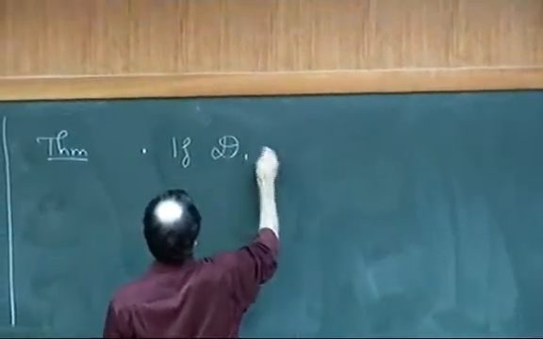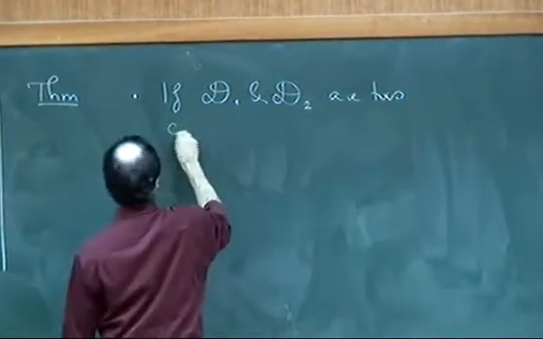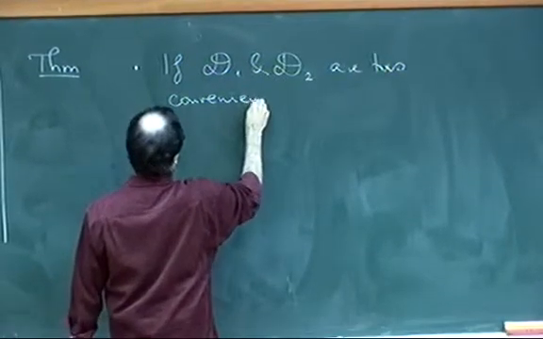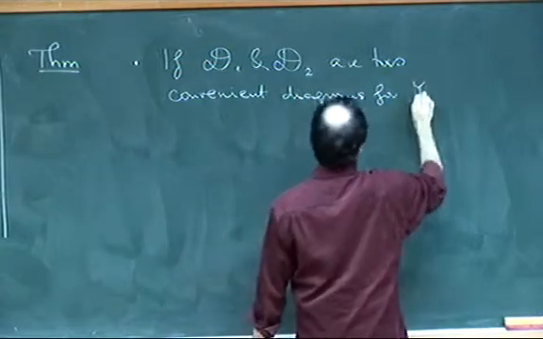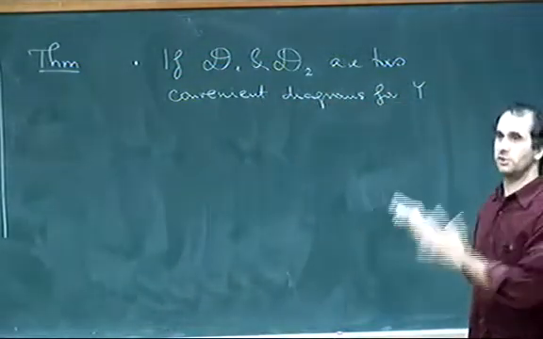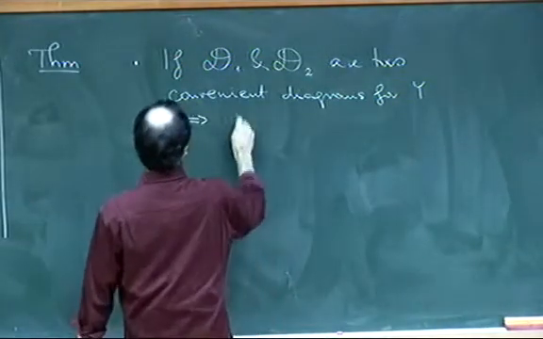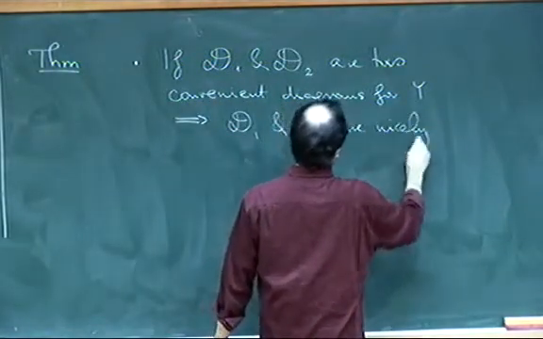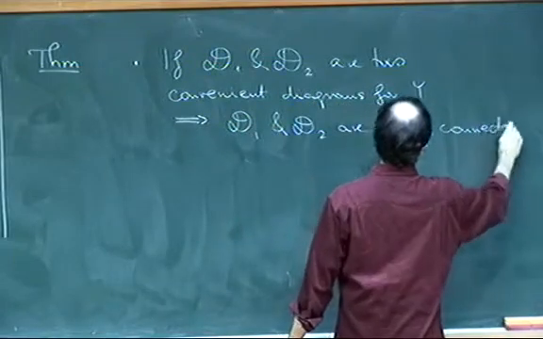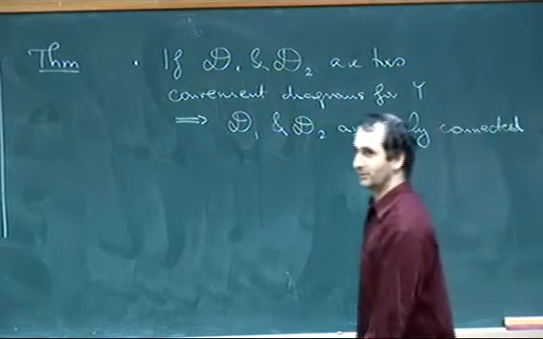So if D1 and D2 are two convenient diagrams for Y, again, remember Y is a three-manifold which doesn't have S1 cross S2 summands, then D1 and D2 are nicely connected. So this is what I would like to indicate in the next 10 minutes.